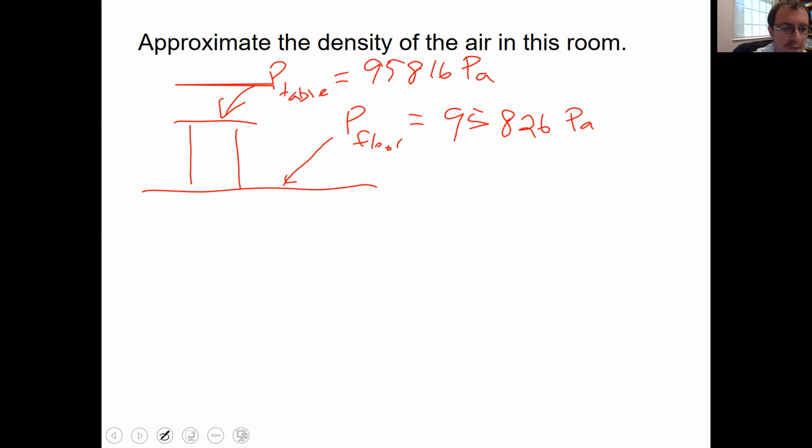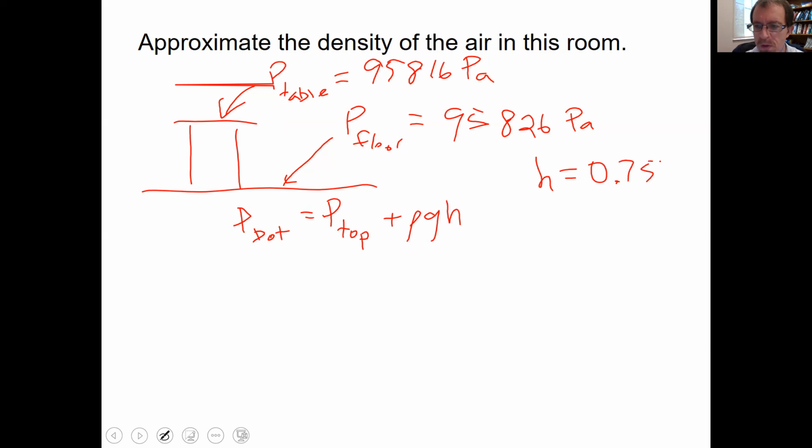Okay. So let's use these numbers along with the idea that P bottom equals P top plus rho g h to get an approximation for air density. The height difference between the table and the floor was 0.75 meters.